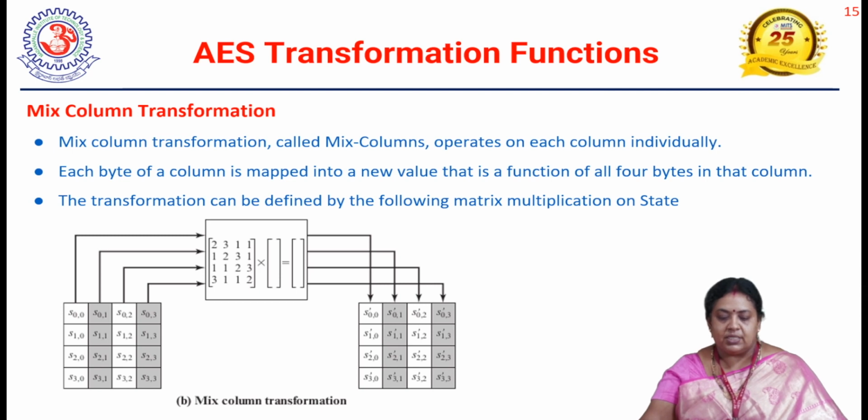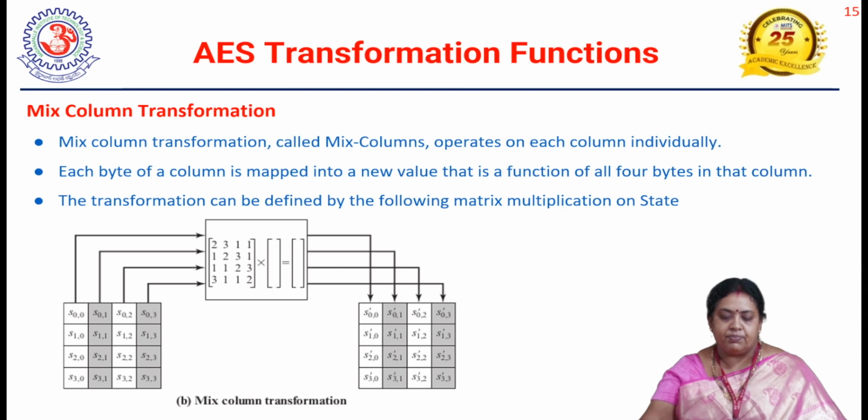So what is the size of this one column? We have 4 rows and one column. 4 by 1 multiplied with 4 by 4. 4 by 1 matrix is multiplied by 4 by 4 matrix. Obviously, we get 4 by 1 only.